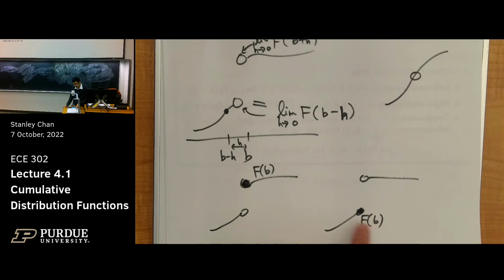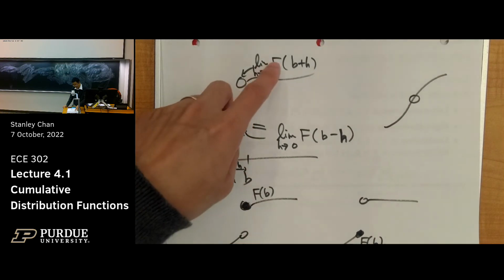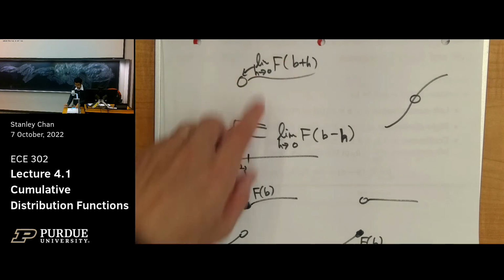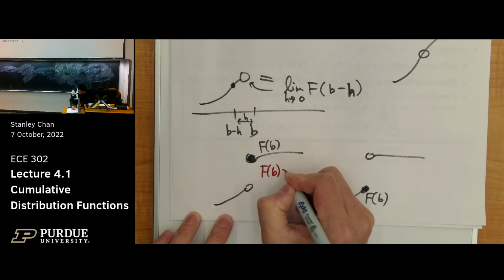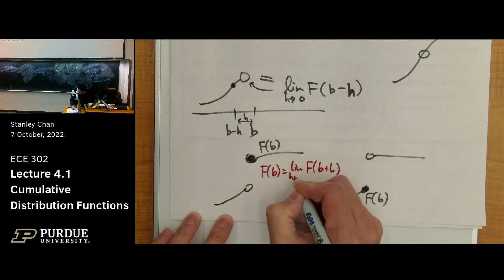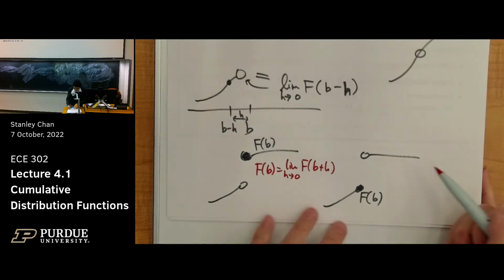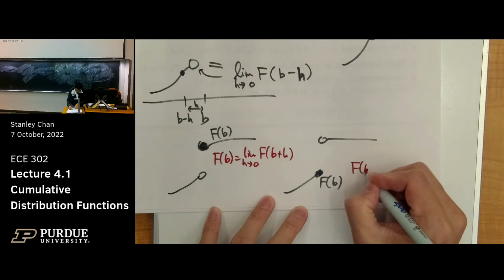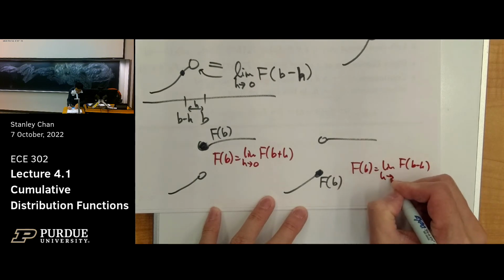So when f of b is up there, f of b equals this limit. The case here is that f of b equals the limit of f of b plus h, with h going to 0. In the other case, f of b equals the limit of f of b minus h, with h going to 0.